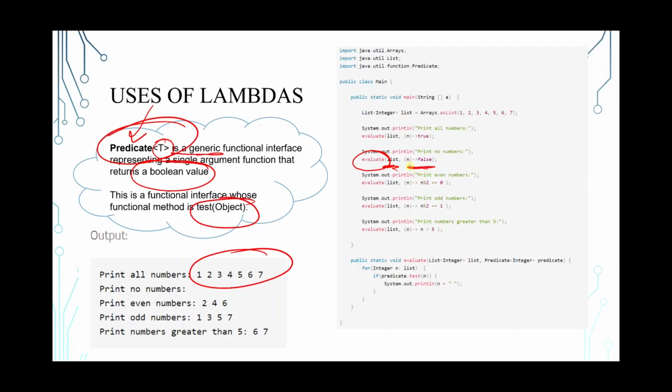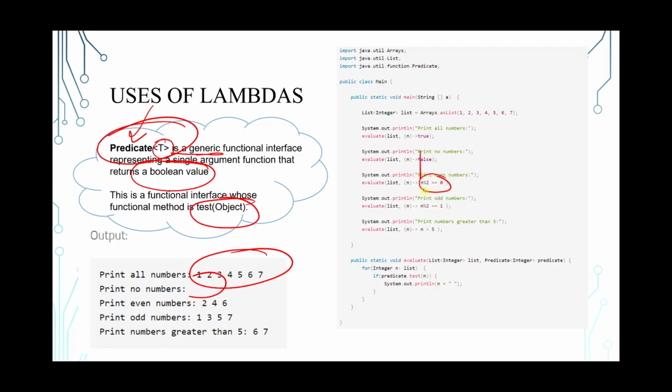We say false. So n gives you false. So basically we have no condition, and every time we check this, it returns false, false, false. So basically we don't print anything. No printing. This makes it a little bit more obvious what exactly we are trying to do.